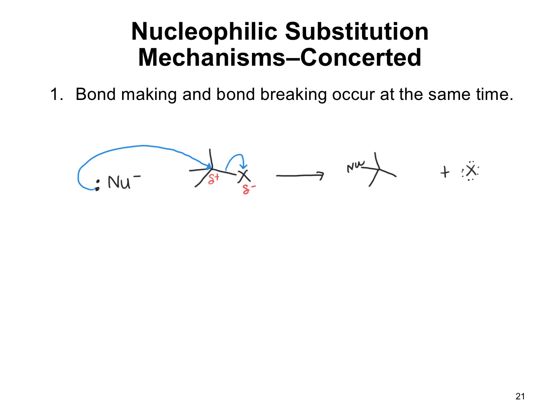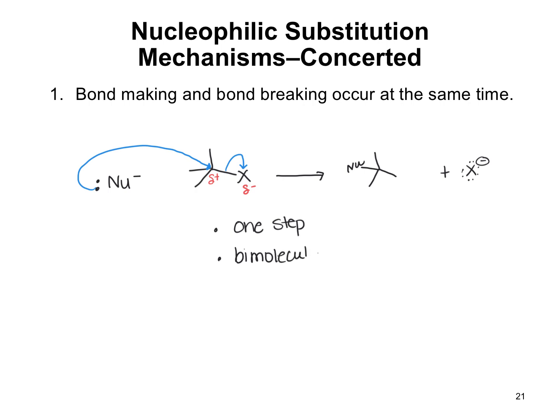We have our leaving group here, which we're using a halogen for, and it carries that negative charge. This forms a carbon nucleophile bond. Now, this is shown as one step. So this is a one-step mechanism, okay? And it is referred to as a bimolecular reaction.